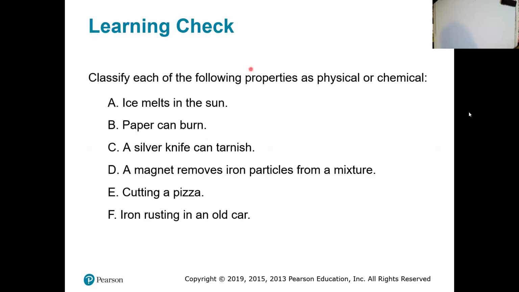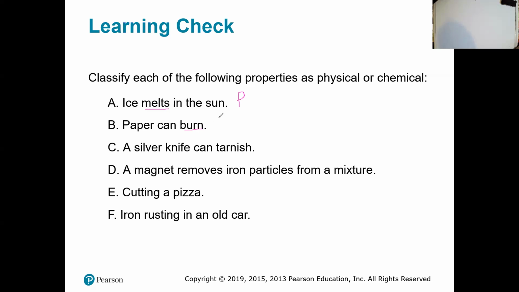So let's look at some of these examples. Classify each of the following properties as physical or chemical. We're going to be looking to see if a new substance forms or not. First example: ice melts in the sun. Whenever we have a state change, that is always going to be an example of a physical property. Paper can burn.